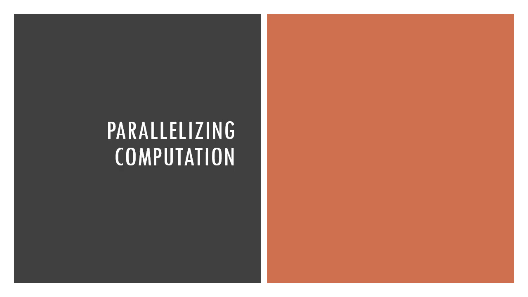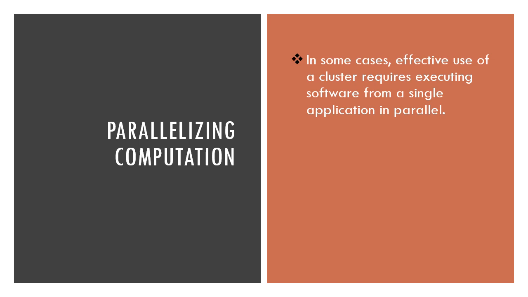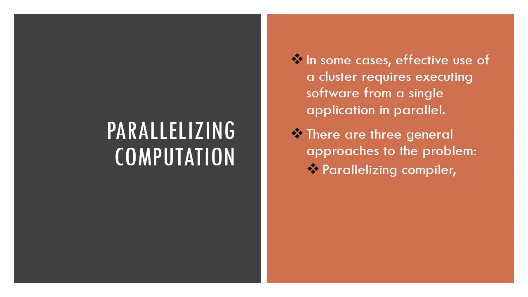Parallelizing computation. In some cases, effective use of a cluster requires executing software from a single application in parallel. There are three general approaches to the problem: parallelizing compiler, parallelized application, and parametric computing.